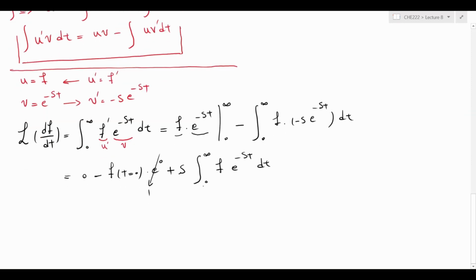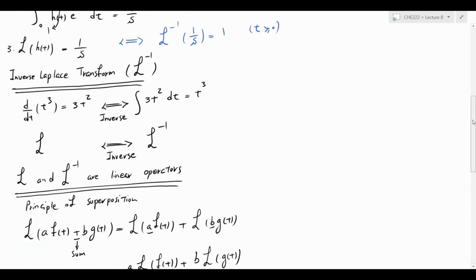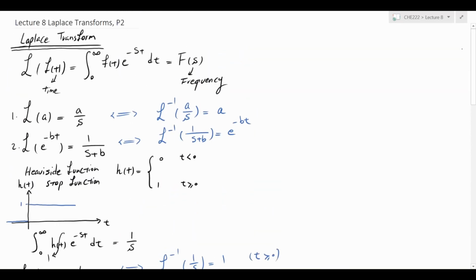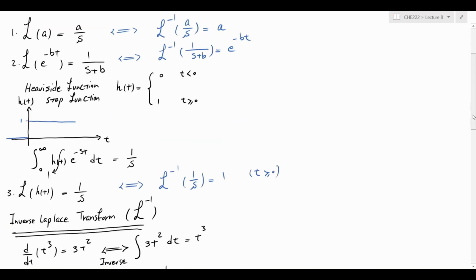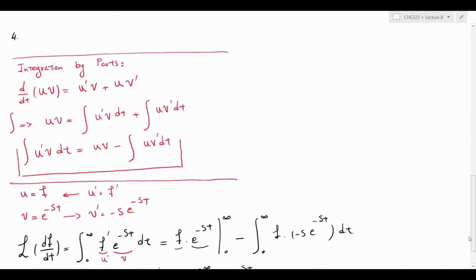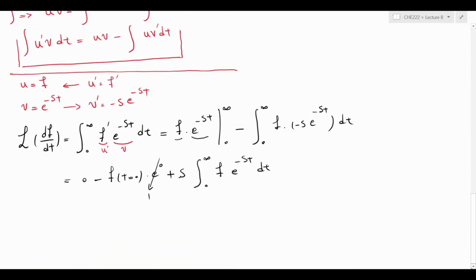And if we just go back to the definition of Laplace transform, f e to the power of minus st dt, integral from 0 to infinity, this was the Laplace transform of f(t), or capital F(s). So let's come back here. We have exactly the same expression in here. So this is the Laplace transform of function f(t).